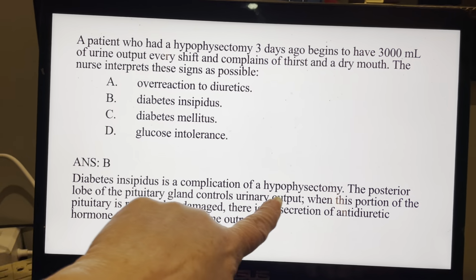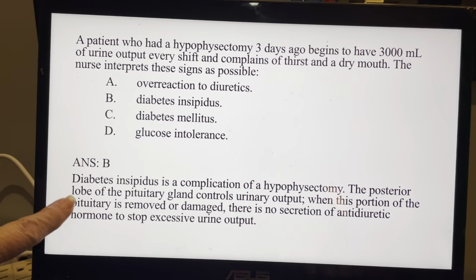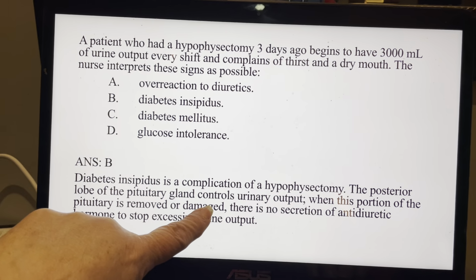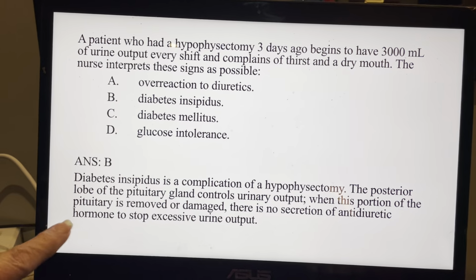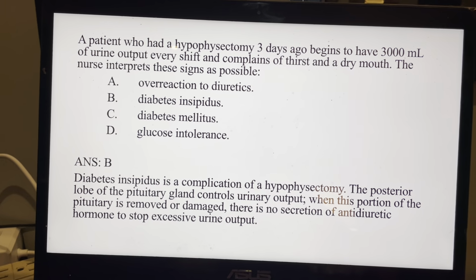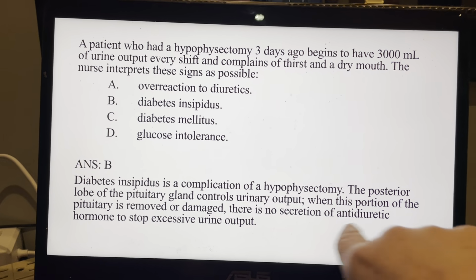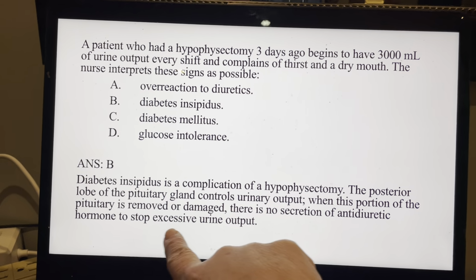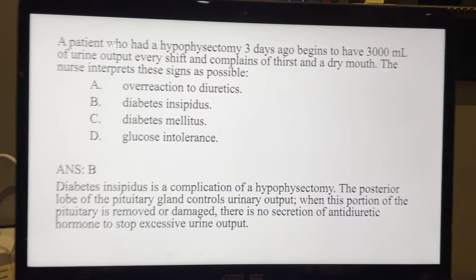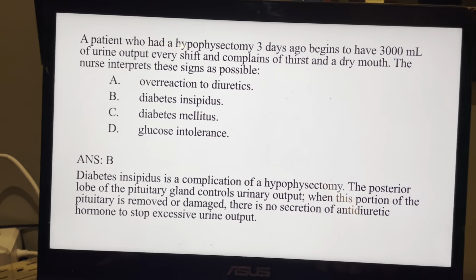It's a complication of a hypophysectomy. The posterior lobe of the pituitary gland controls urinary output. When this portion of the pituitary is removed or damaged, there's no secretion of antidiuretic hormone to stop excessive urine output.